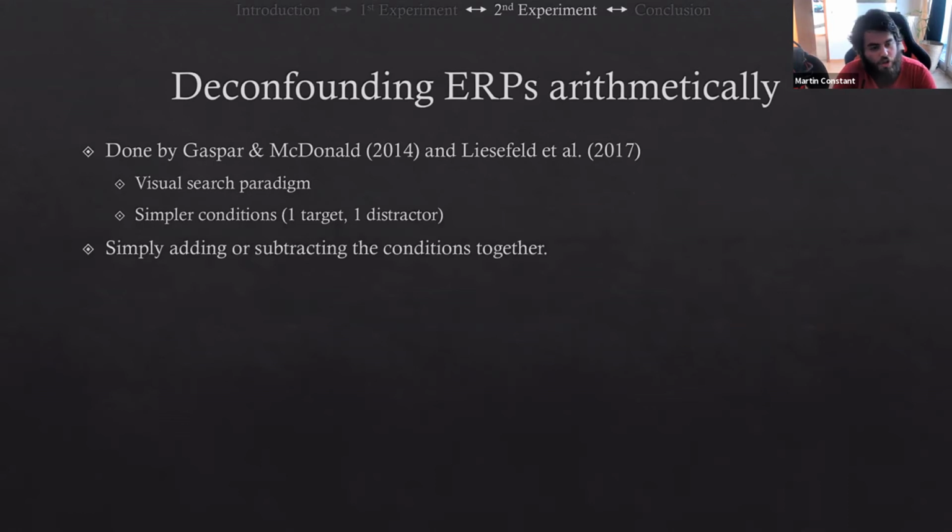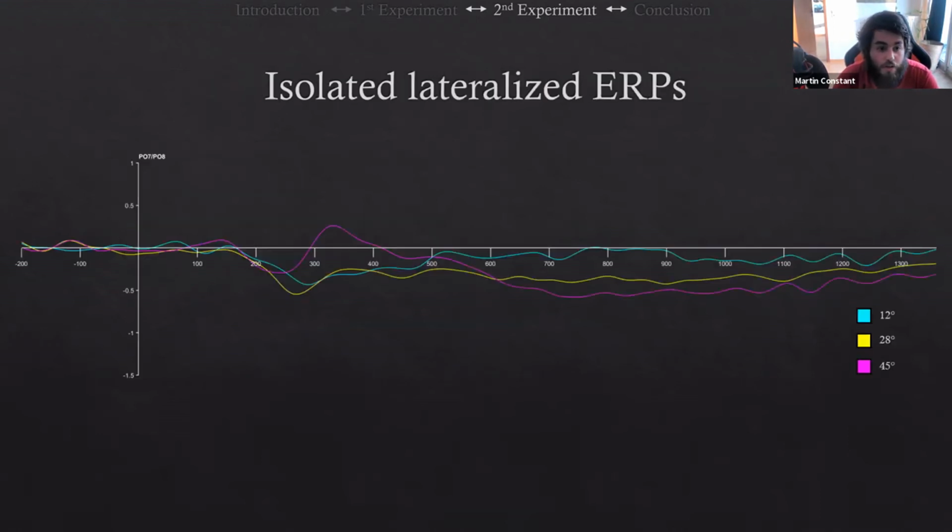But the rationale is the same, which is that we simply add or subtract the conditions together to make relevant ERPs. I won't have time to go into the equations here, but I can go to them if you have questions.